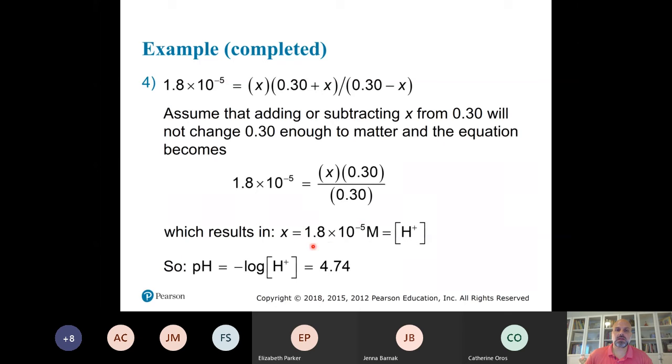That's just because of the fact that we had 0.30 and 0.30. So we started with the same quantity of each of these in solution. To get the pH, we're going to take the minus log of the proton concentration, which gives us a pH of 4.74.